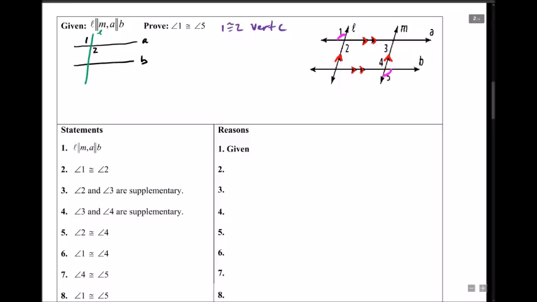All right, so let's look at our next section here. How am I going to relate angle 2 and angle 3? Well, let's draw. We've got this here and this here, and our transversal is going to go across this way. And this is line L and line M, and our transversal is line A, and we have angle 2 and angle 3.